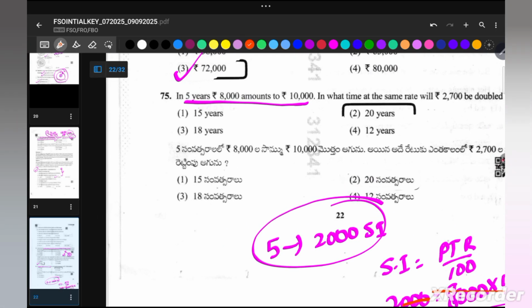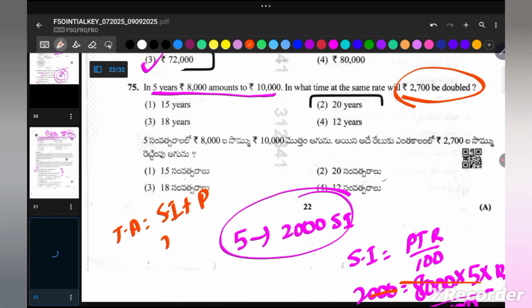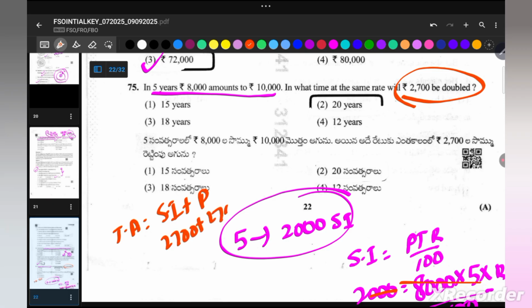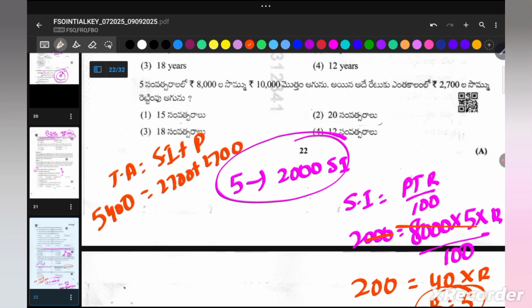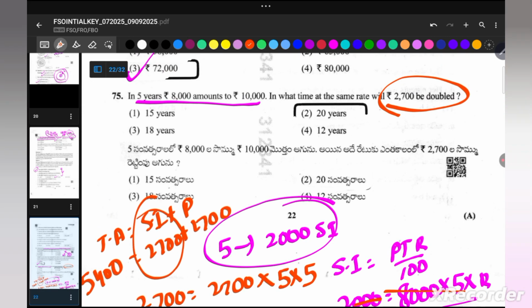So at the same rate, 2700 will be doubled. That means the total amount will be simple interest plus principal, 2700 plus 2700. That means a doubling of the amount, which will be equal to 5400. So the simple interest will be 2700. 2700 is equal to 2700 into time into rate 5 by 100.